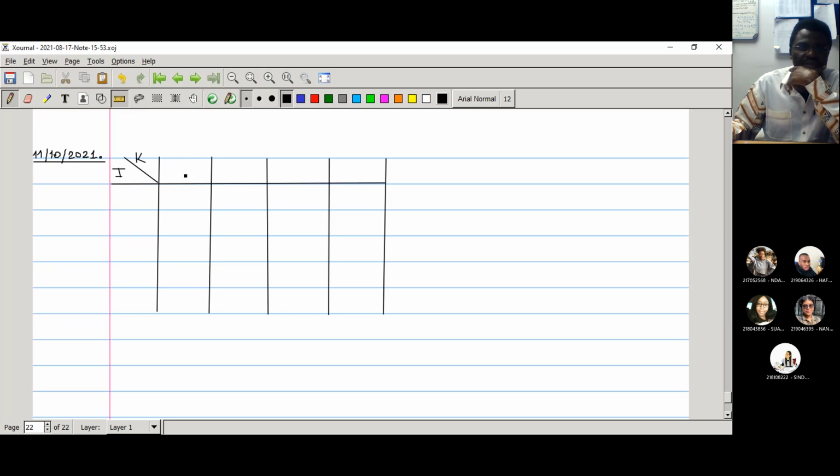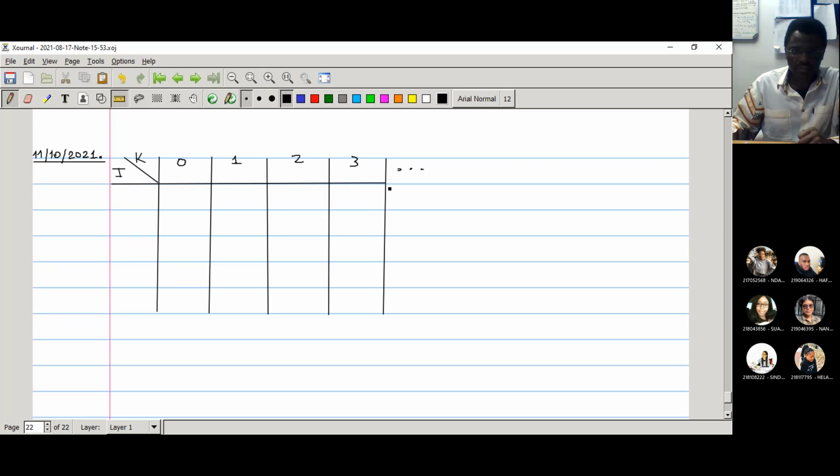Okay, so let's say that this is k equal to 0, this is k equal to 0, k equal to 1, k equal to 2, and so forth. So this is k, and we know that when k is equal to 0, you have tj.